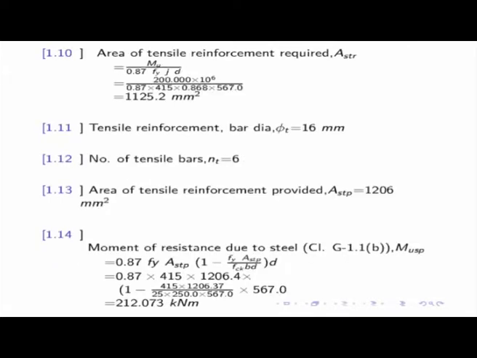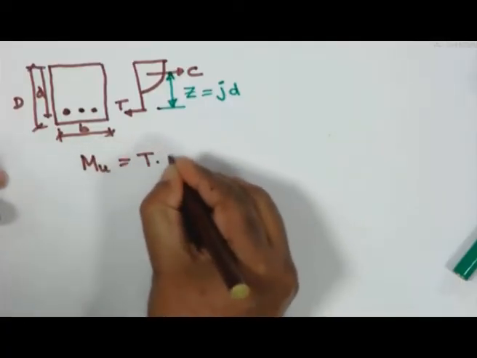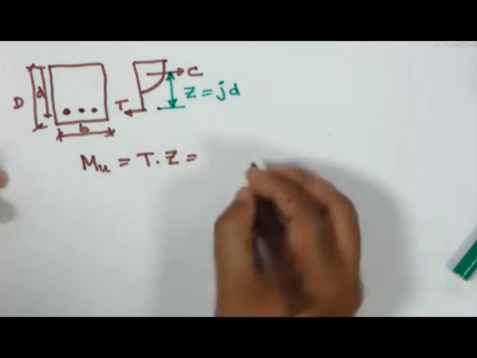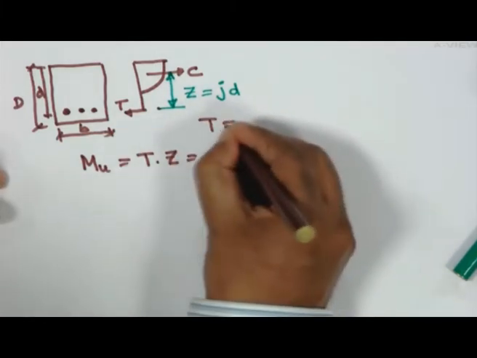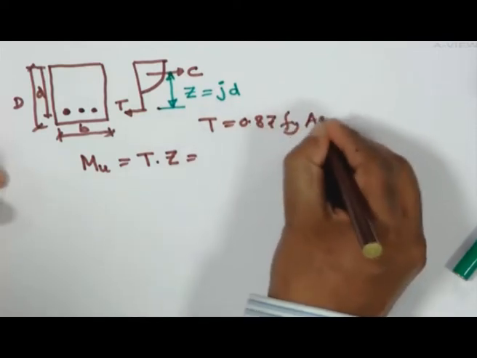Coming to this, I can use the formula Mu equal to T times Z. T is how much? 0.87 fy Ast.